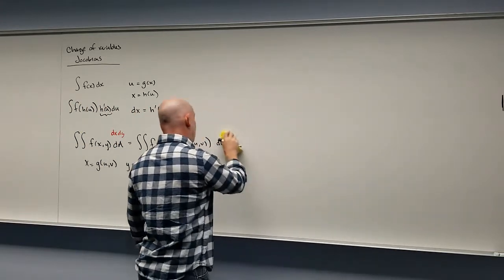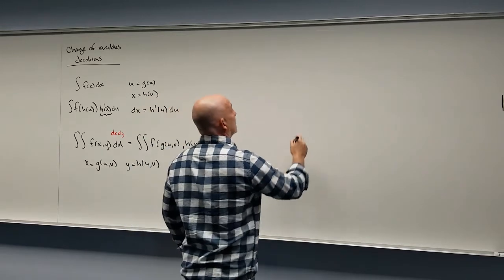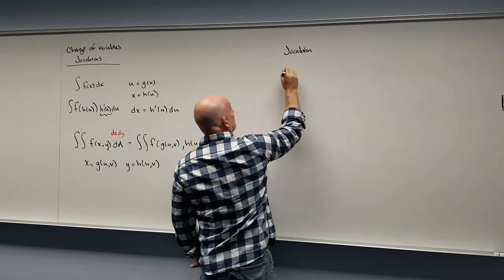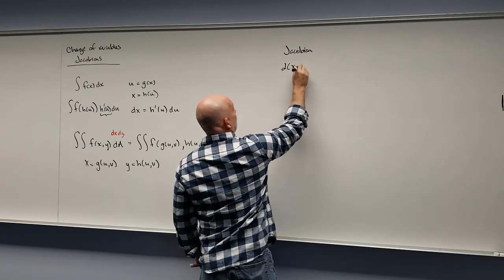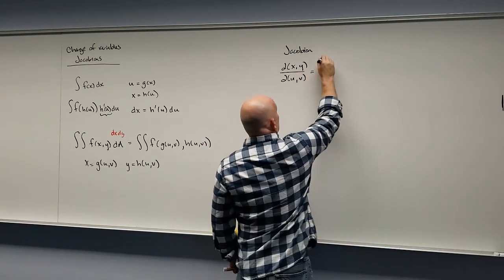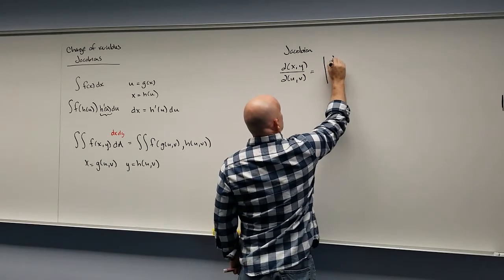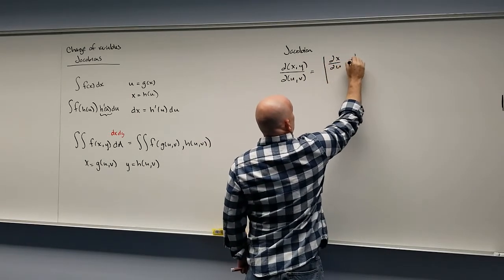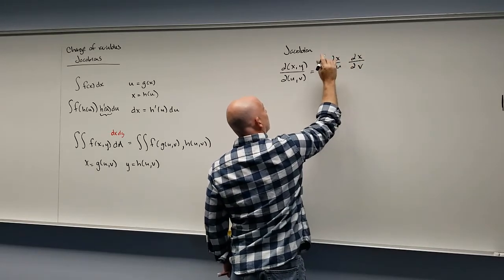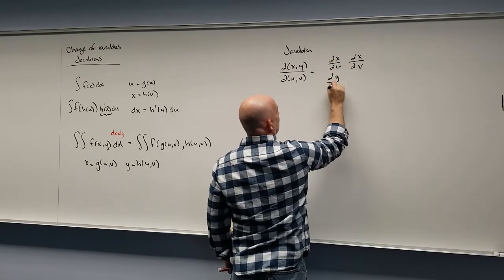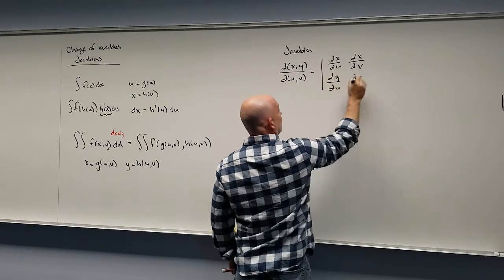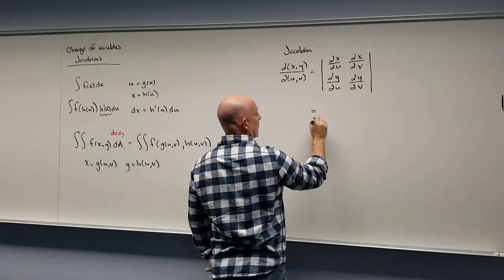So we're going to define a new operator real quick, and it's called the Jacobian. Here's what it says. The partial of x and y with respect to u and v is going to be the partial of x with respect to u, partial of x with respect to v, the partial of y with respect to u, partial of y with respect to v, and then we're going to take the determinant of that matrix.